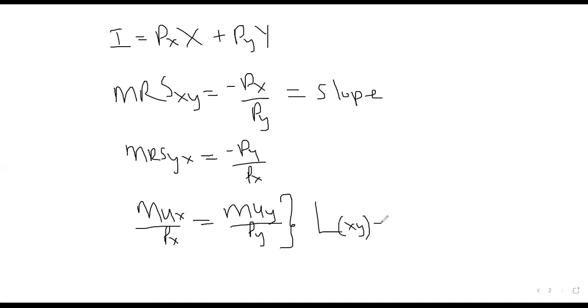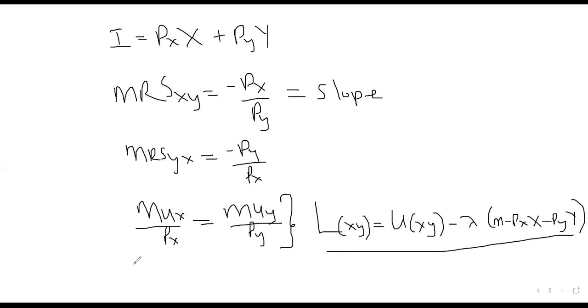This Lagrangian multiplier, given a utility function U(X, Y), is such that M minus price of X times X minus price of Y times Y. So this is the same as that. So I'll show you how to quicken this procedure.